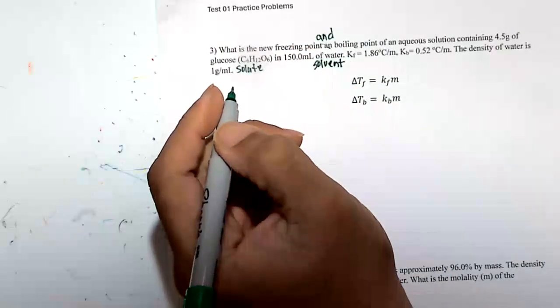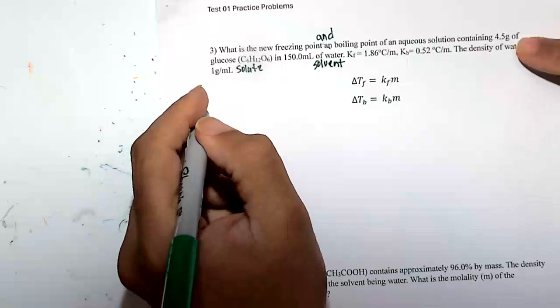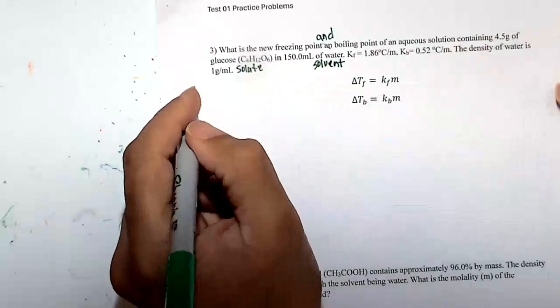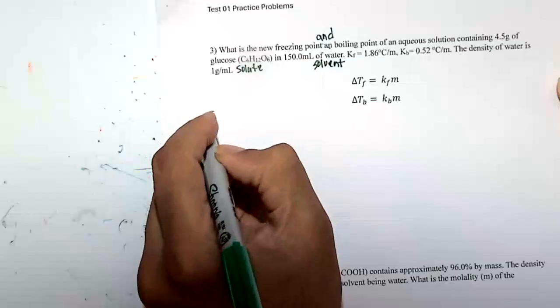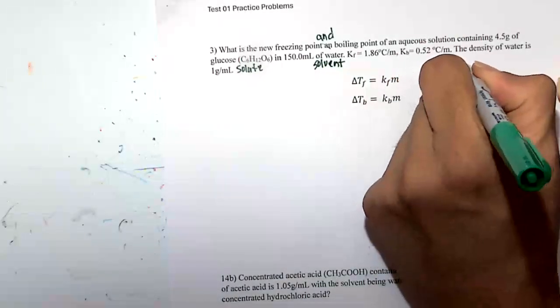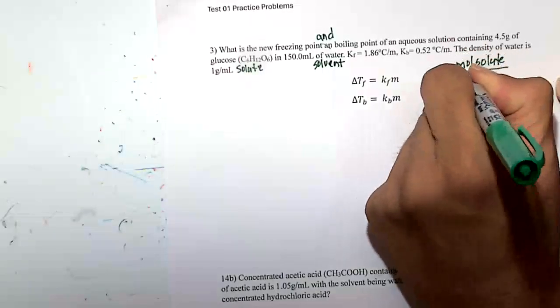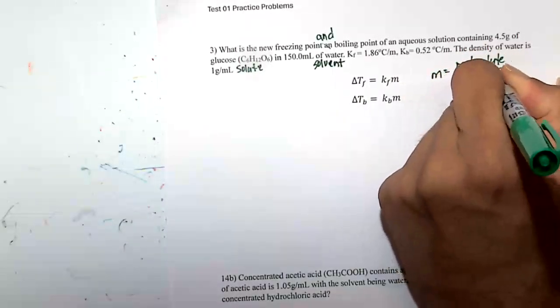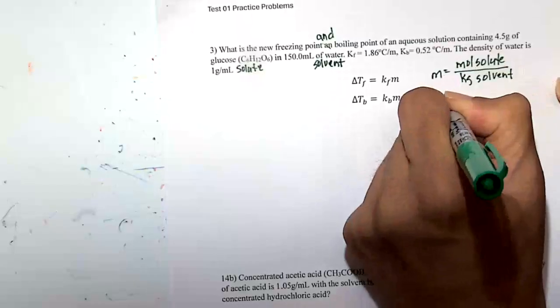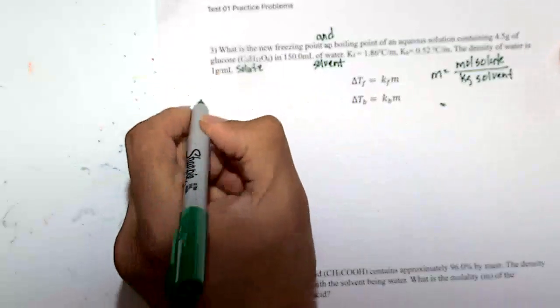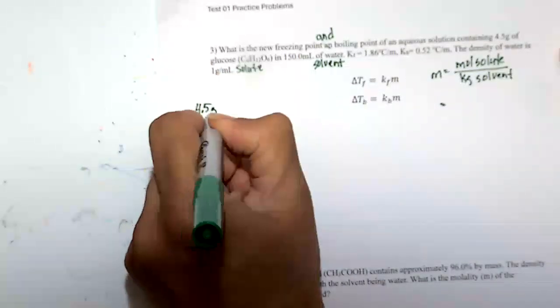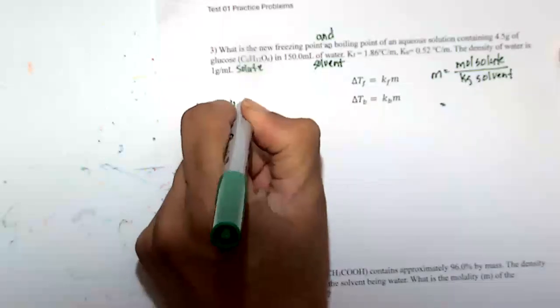Okay, and so let's see here. Let's do 4.5 grams of glucose. Let's convert that to moles. Molality is moles of solute over kilograms of solvent. So what is our moles of solute? 4.5 grams of glucose.